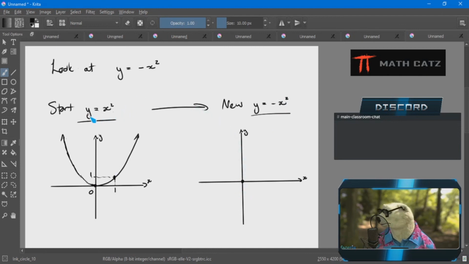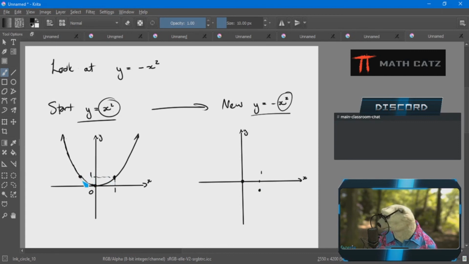To get a y value of 1, that happened when x was 1. But now when x is 1, I'm going to have the same right-hand side, but I'm going to multiply that by negative 1. So that's just going to move that point to the bottom over here.